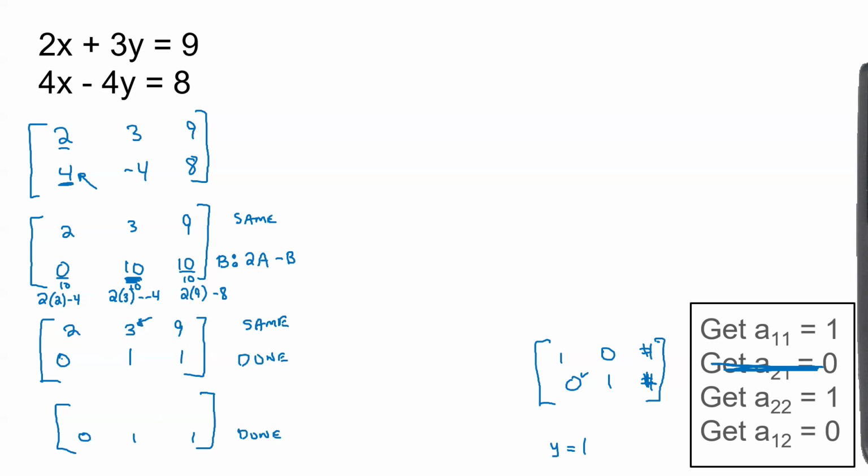So in general, take this guy, get 0. Take this guy, get a 1. And now we can move on here in this stage. If we could get a 0 right here, then that would make us happy.